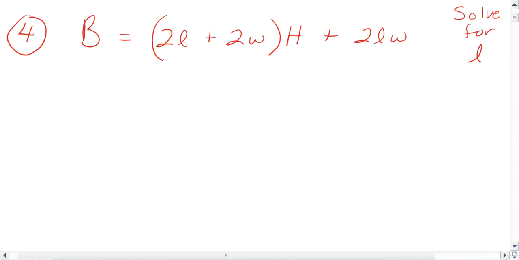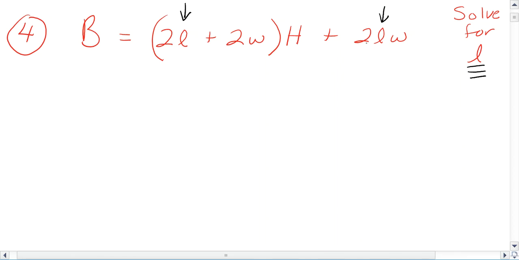Alright, in this last example, same exact literal equation, except this time we're solving for something different. We're going to solve this for L. So we have a little more of a challenge here. In solving for L, I notice that I have 1 here and 1 here.